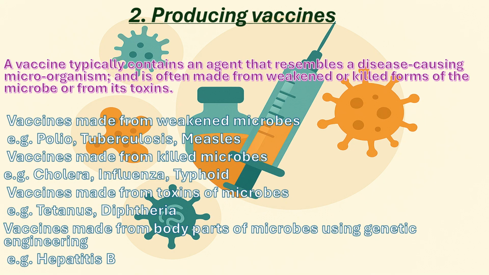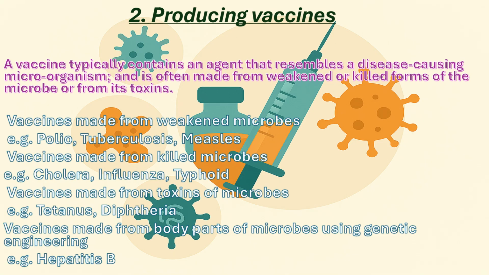We all hate vaccines. Well, some of us don't actually mind it, but it still kinda hurts. Now let's see how these vaccines are made. A vaccine typically contains an agent that resembles a disease-causing microorganism and is often made from weakened or killed forms of the microbe or from its toxins.